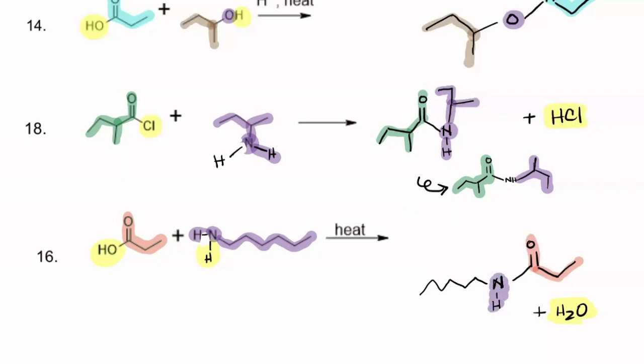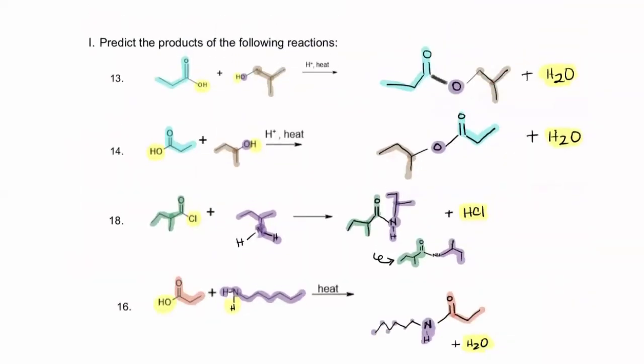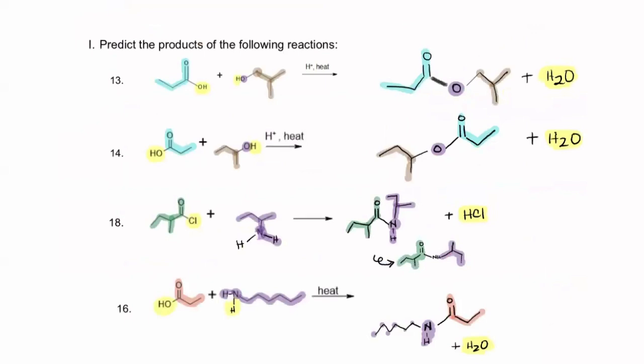And this NH has 6 carbons to represent the portion that came from the amine. And that's how you predict the products for esterification and amidation.